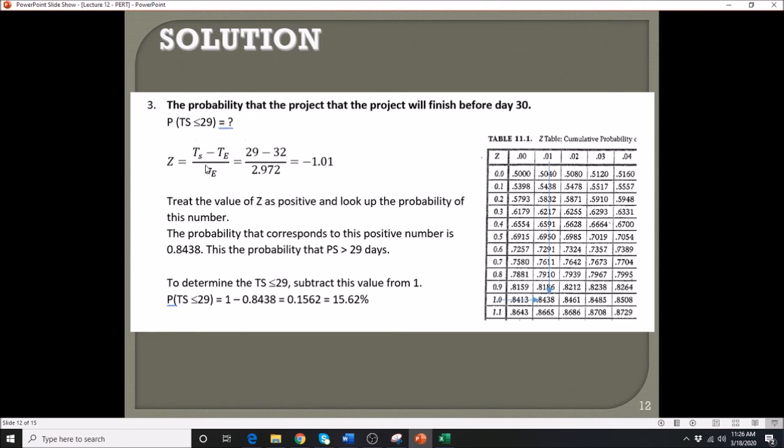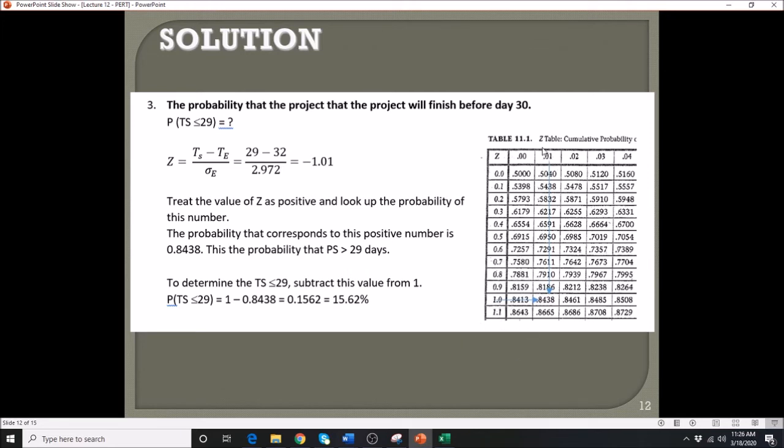Plug in again to our equation, TS minus T, and that will give you negative 1.09. So I want you to take note, if it gives you a negative, for us to be able to use the table, we will drop that negative sign and treat this as a positive, just for us to get the value of your Z. So the positive value for 1.01, so it's 1.0 and 0.01.